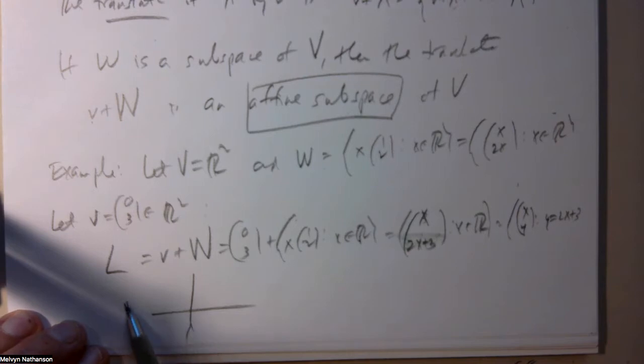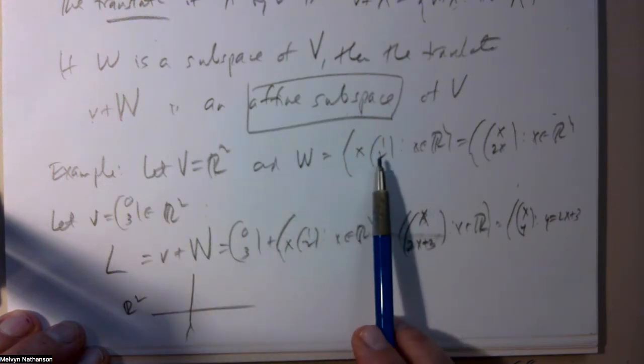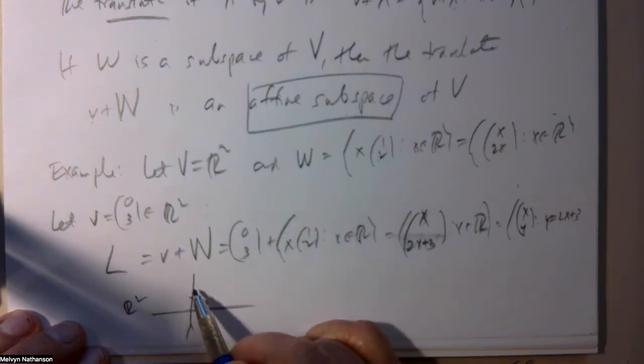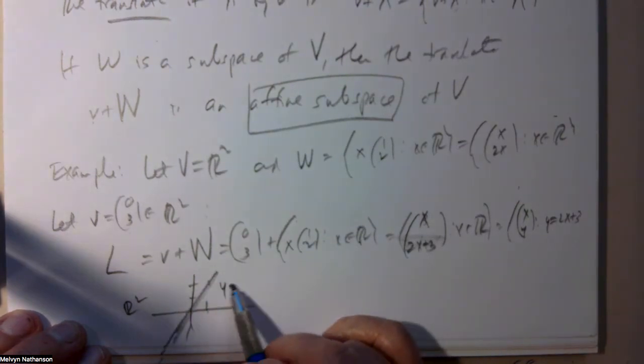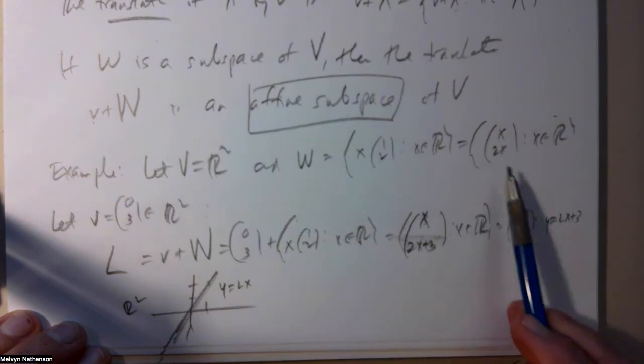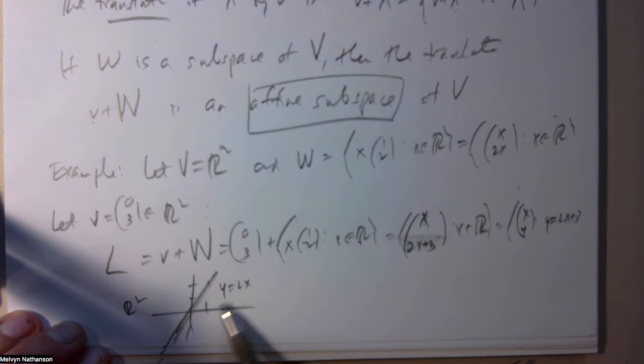So here we have the vector space R2, and W is the set of all scalar multiples of the vector (1, 2). It's just this line, y equals 2x. This is all vectors (x, y) where y is equal to 2x. It's the line y equals 2x through the origin.